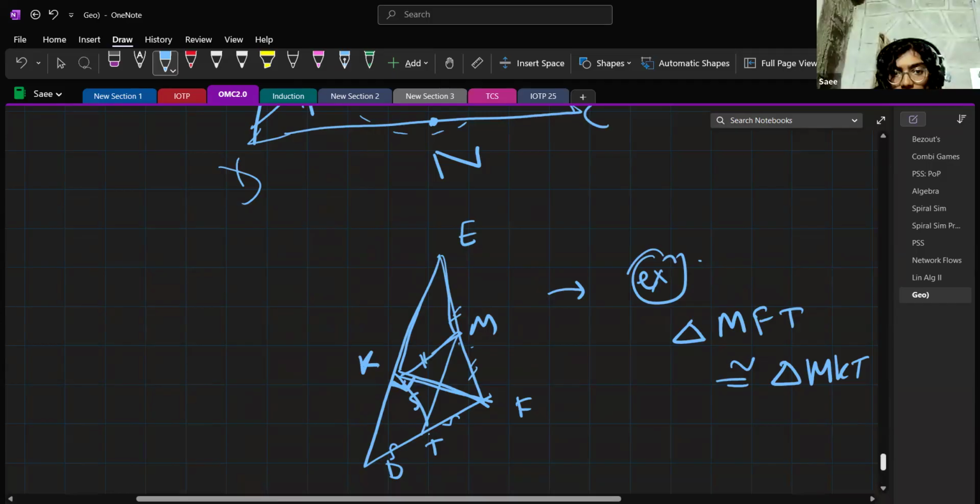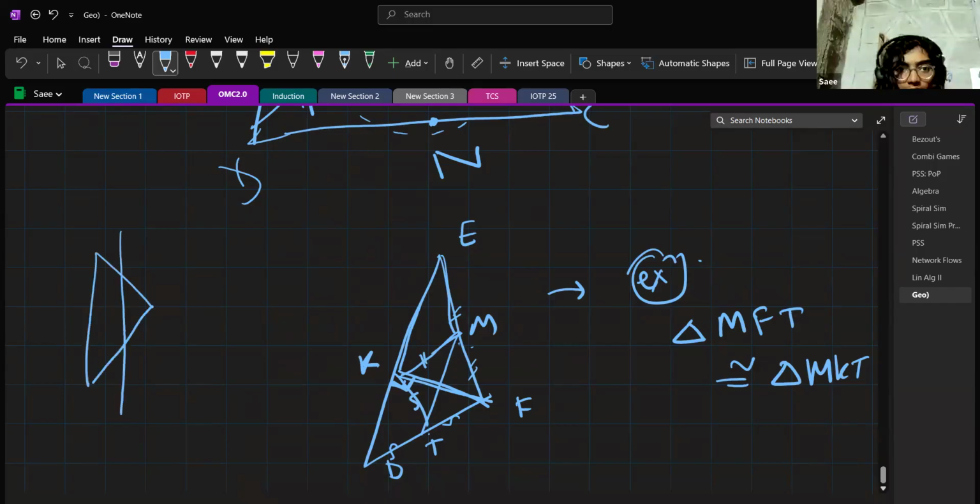And an easier way to think about it is if you have some triangle and you have the midline, then if you reflect this across this midline, you're going to get this 90 degrees. And that's why you have this nice reflection kind of a thing. That's the intuitive way to think about it.